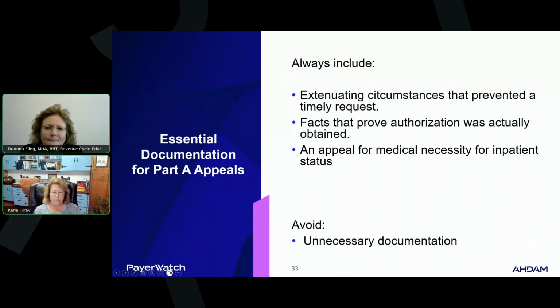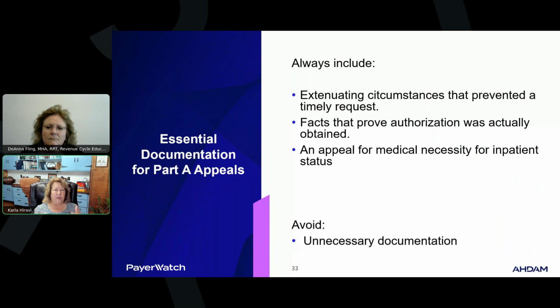Okay, so our purpose today is to talk more about the extenuating circumstances, which I think we did talk about. But we do have to include the facts that prove the authorization was actually obtained.